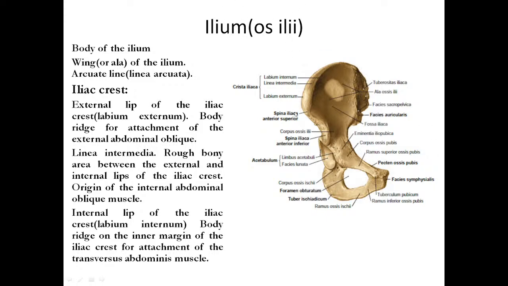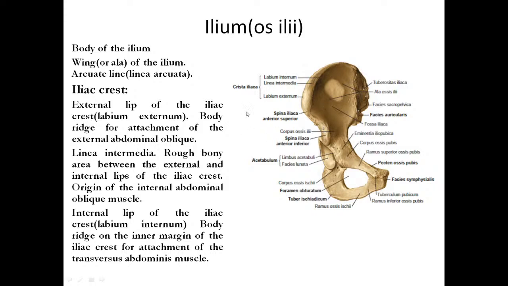Ilium bone or os ilii. It consists of body and wing, or ala of the ilium.